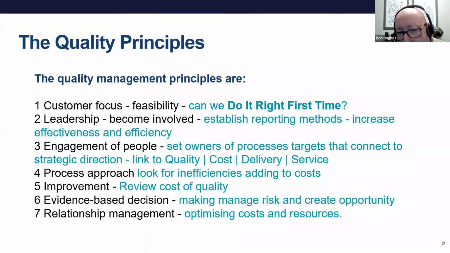When we talk about leadership, so quality principle number 2 is leadership. Has the leadership team become engaged, involved, part of the effectiveness and efficiency planning of the business? Does everybody have a clear, identified concept of strategy and strategic direction?